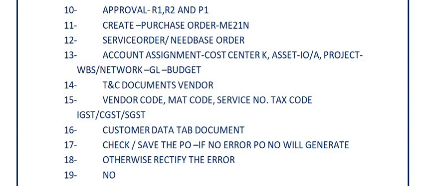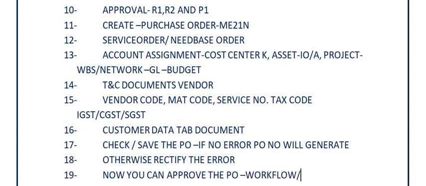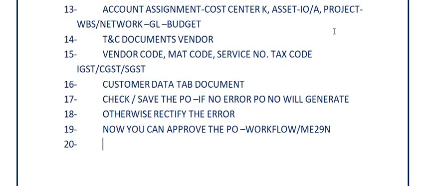Now you can approve the PO from the competent authority. You have two options: workflow, or ME29N, right? Once the PO is approved, then you can print using ME9F. If you want to do any changes, you can do using ME22N.